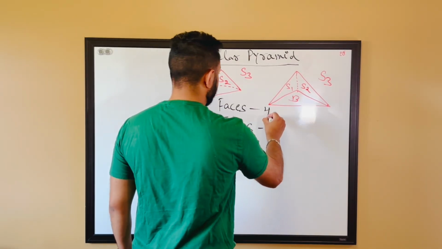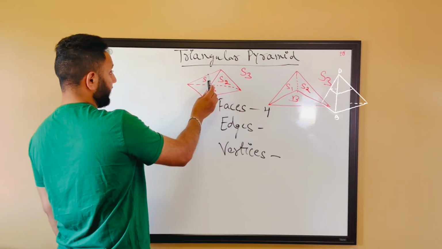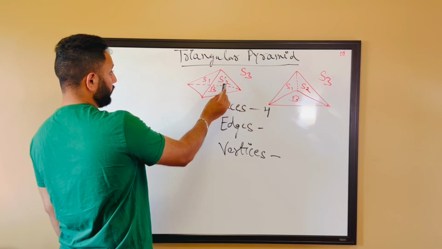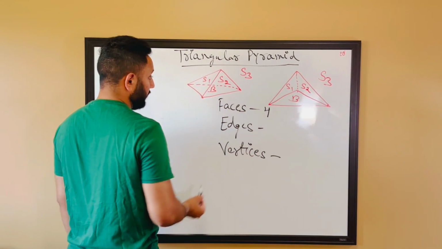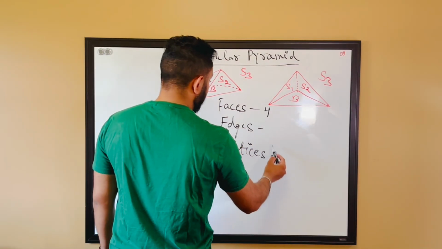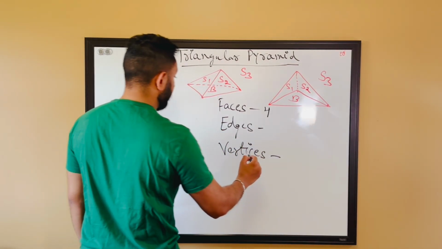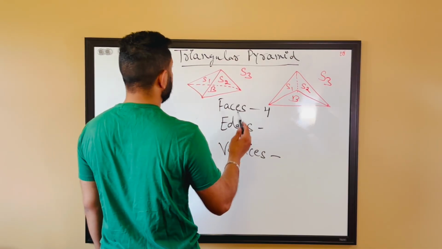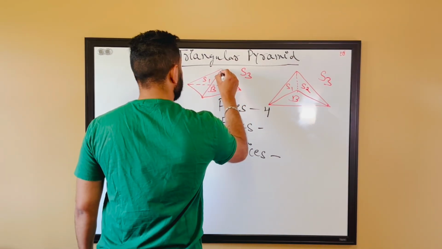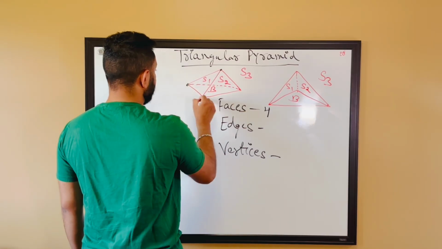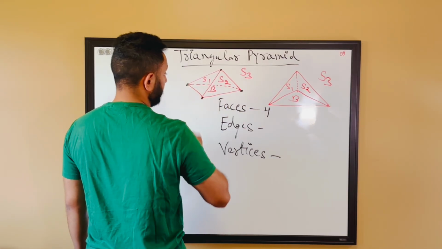So four faces. If we talk about the figure here, like 1, 2, 3, and there's one back face. So four faces. And vertices are the corners of triangular pyramid. Like this is the first corner, second, third, and fourth.